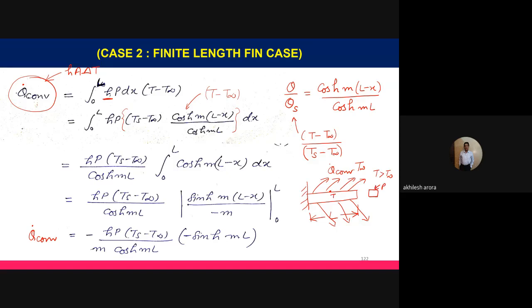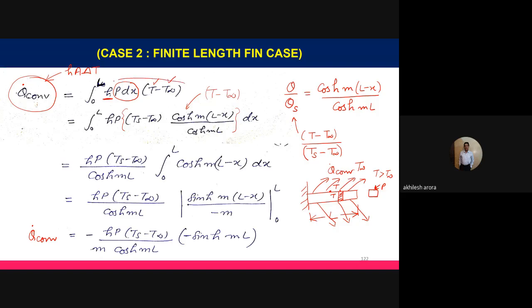In the side view we can see the perimeter of the fin, multiplied by the dx thickness we initially considered, so P into dx is the area through which the heat transfer is taking place. At this particular point the temperature can be considered as T, so T minus T infinity.